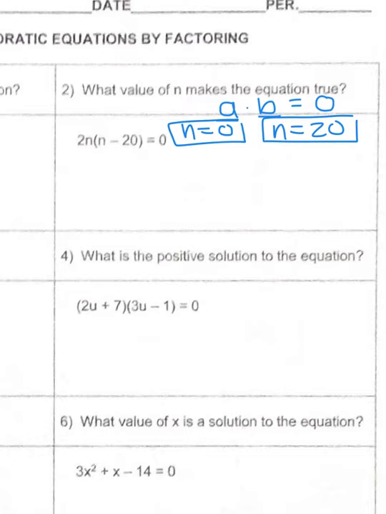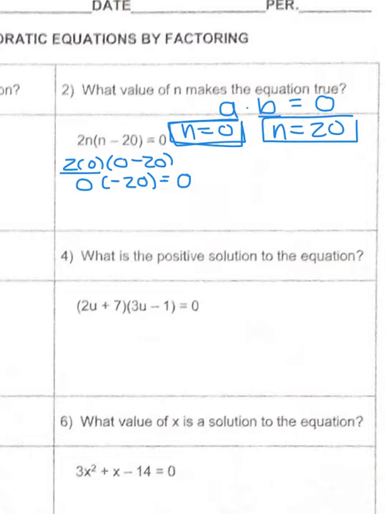We have 2 different possible solutions here. So let's walk through it. If we plug 0 in for n, we'd have 2 times 0, and then 0 minus 20. Well, 2 times 0 gives us 0, and 0 minus 20 gives us negative 20. 0 times negative 20 equals 0. So we're showing that if we plug in 0 for n, our equation is equal to 0.